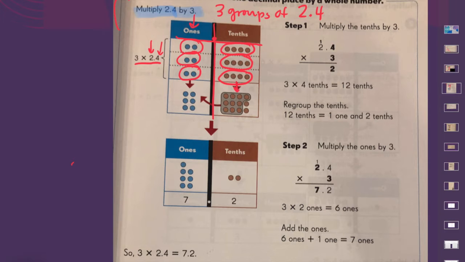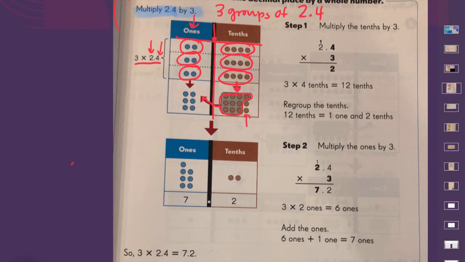Now, how many total tenths do we have? Well, 3 times 4 is 12, so we're going to have 12 tenths. And you can see that once we reach 10 tenths, we would regroup those 10 tenths to 1 whole. And so we're left with 2 tenths.